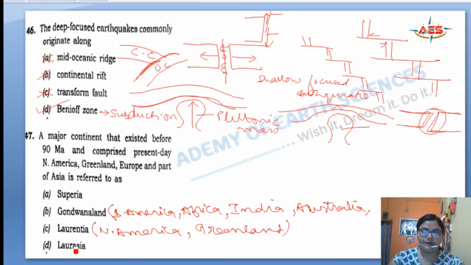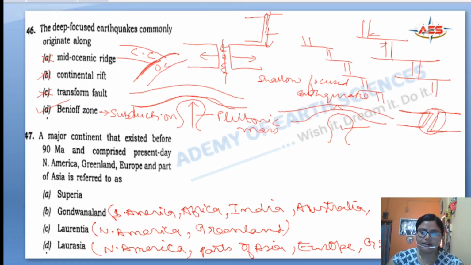And in the case of Laurasia, Laurasia mainly consisted of North America, parts of Asia, Europe, Greenland. Okay. In this case, what we can see is that the given statement, a major continent that existed before 90 million annum and comprised present day North America, Greenland, Europe and parts of Asia, here we can see that in Laurasia we have North America, Greenland, Europe and parts of Asia. So answer D is correct for question number 47.